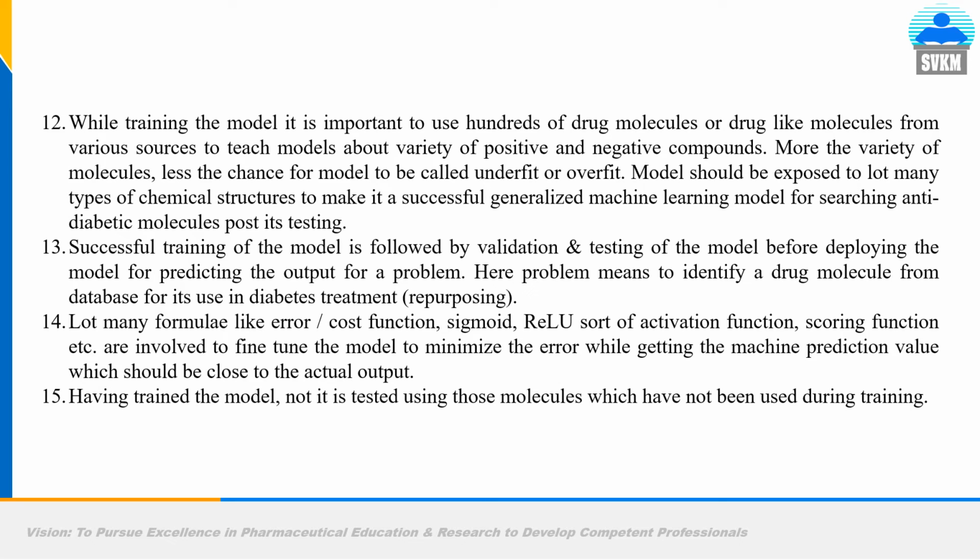While training the model, it is important to use hundreds of drug molecules or drug-like molecules from various sources to teach the model about a variety of positive and negative compounds. The more the variety of molecules, the less the chance for the model to be called underfit or overfit. The model should be exposed to a lot of types of chemical structures during training to make it a successful generalized machine learning model for searching anti-diabetic molecules post its testing.